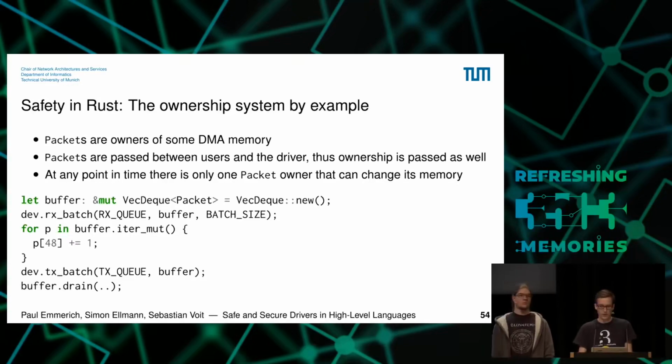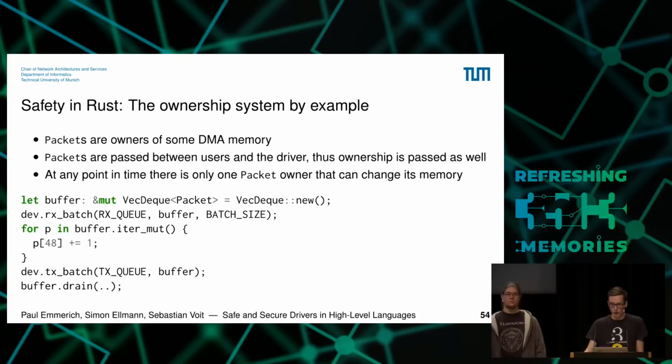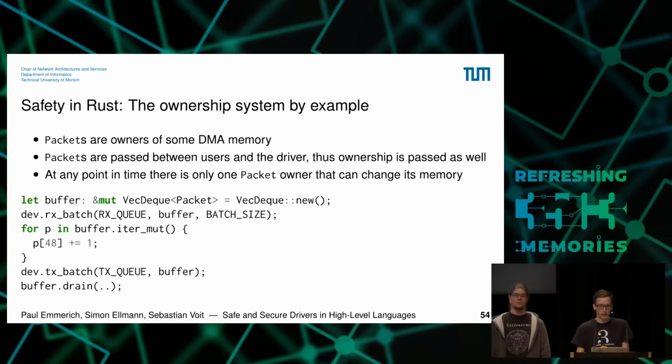So we have basically safe packet handling, unlike in other languages. And at the bottom of the slide, you can see how you would use the driver based on our driver's interfaces. You can see how to receive, modify, and send packets. And yeah, there's no way to screw up. So for example, you cannot forget to free packets, because packets are freed automatically when they go out of scope and are returned to the memory pool of our driver. So yeah, this is safe code, and there's nothing you can do wrong here.